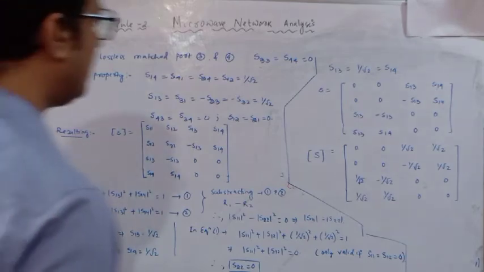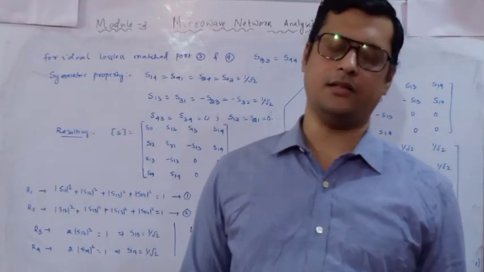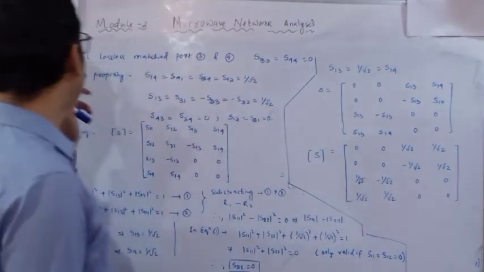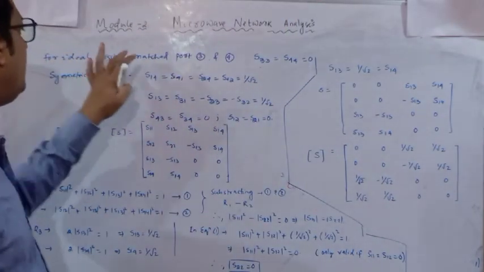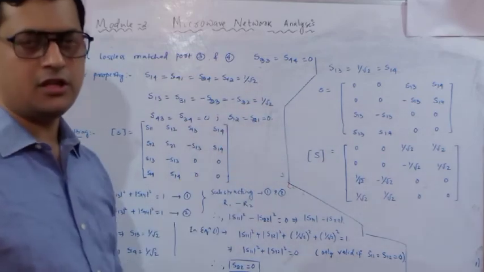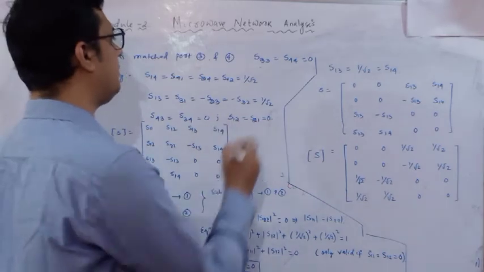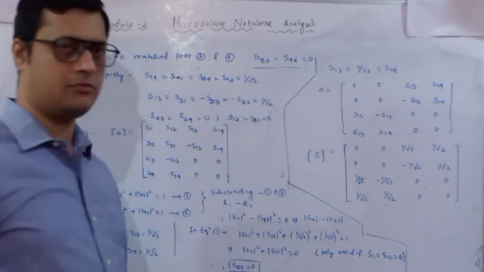Okay, so in order to derive all these parameters, we have considered those conditions for the ideal lossless condition for port 3 and port 4. That means if it is perfectly matched, you can take S33 and S44 both as 0.